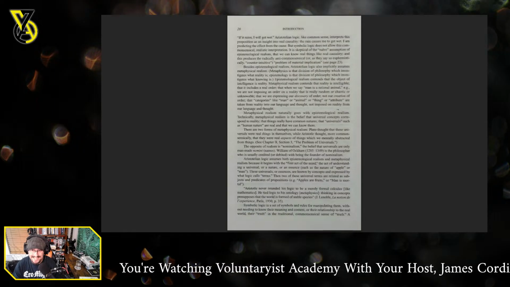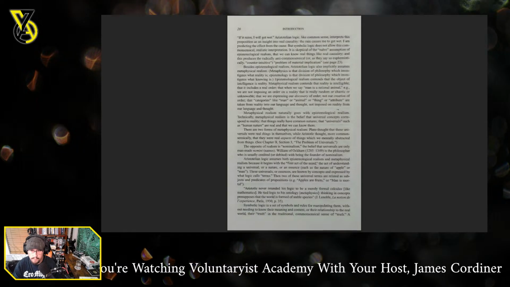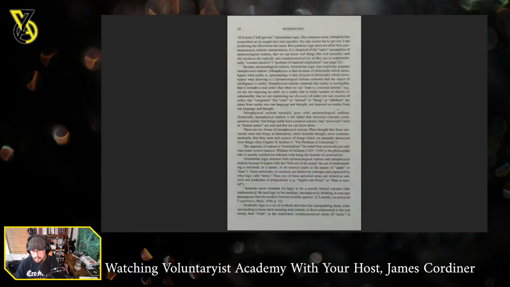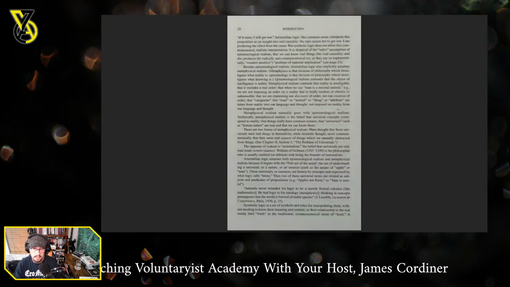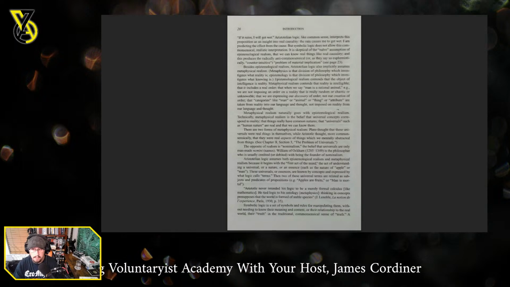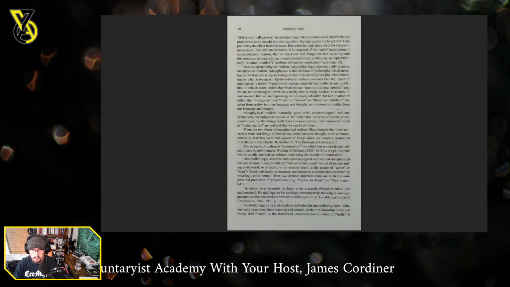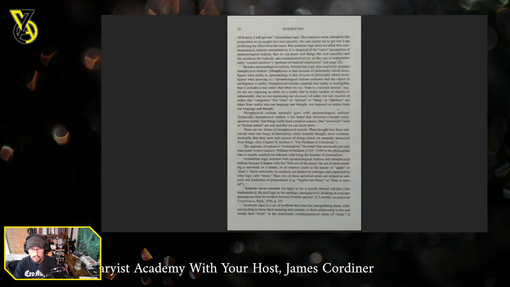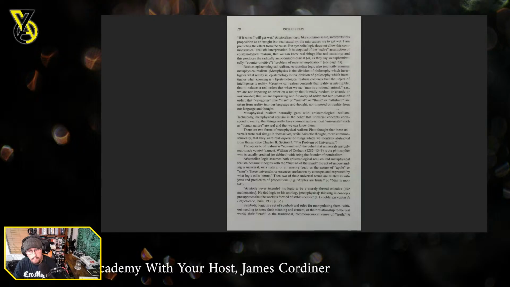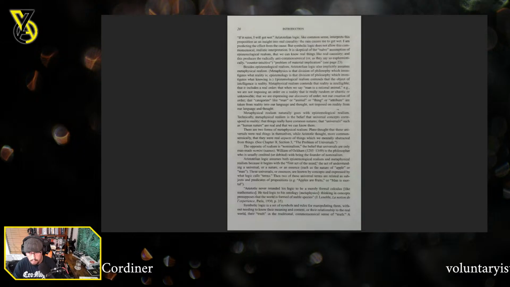Epistemological realism contends that the object of intelligence is reality. Metaphysical realism contends that reality is intelligible, that it includes a real order, that when we say man is a rational animal, e.g., we are not imposing an order on a reality that is really random or chaotic or unknowable, that we are expressing our discovery of order, not our creation of order.